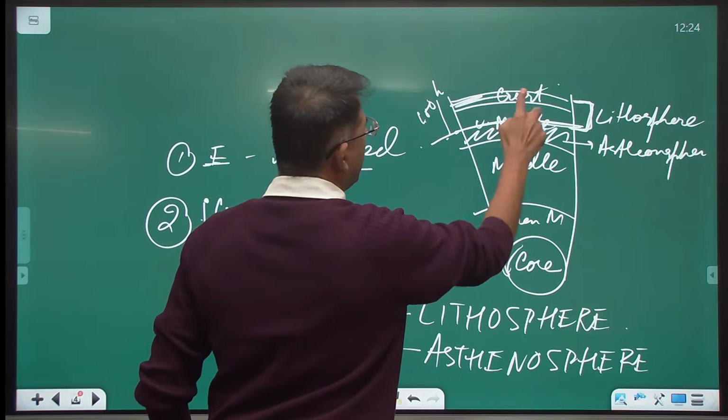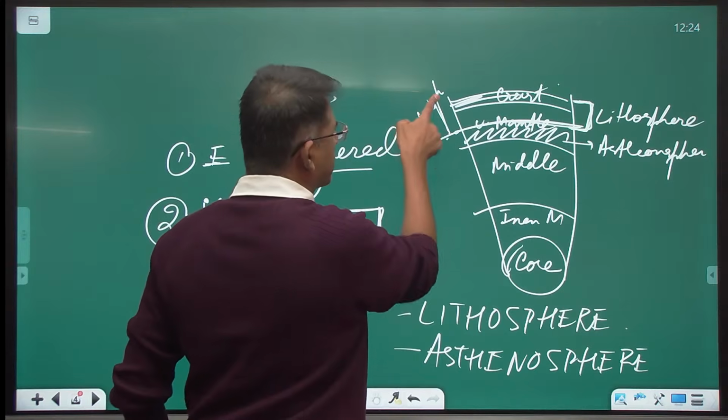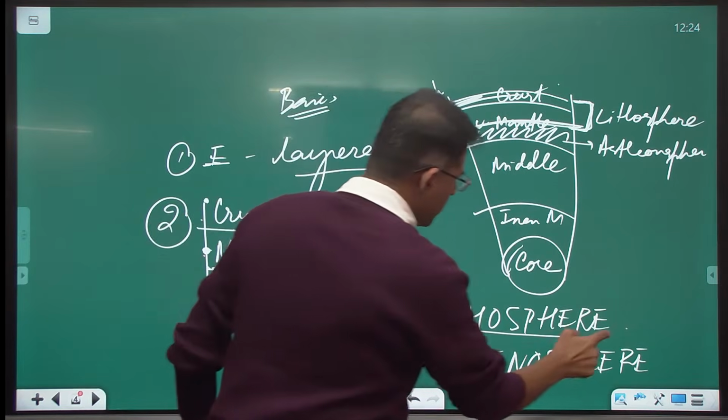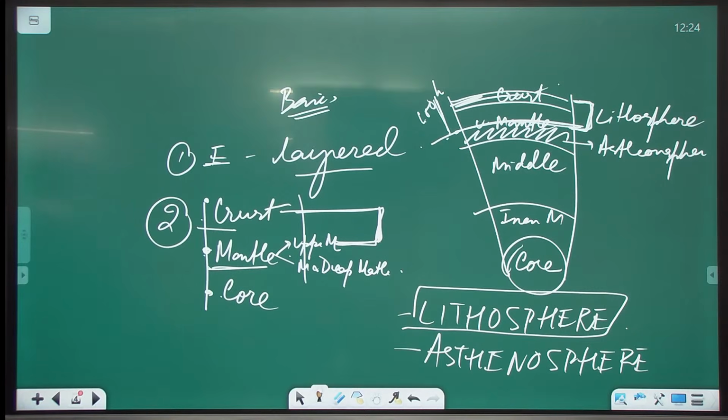The crust and the upper part of upper mantle up to 100 kilometers is called the lithosphere. Next point. The lower part of upper mantle is called asthenosphere.